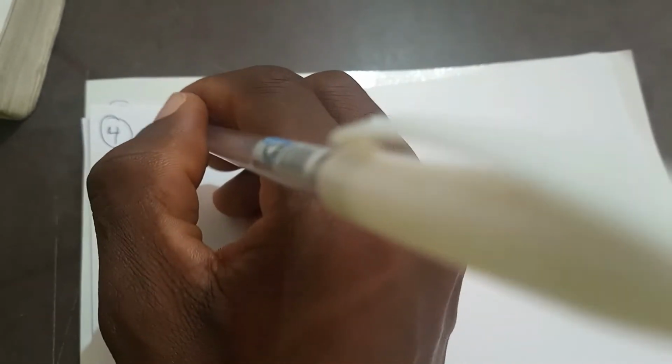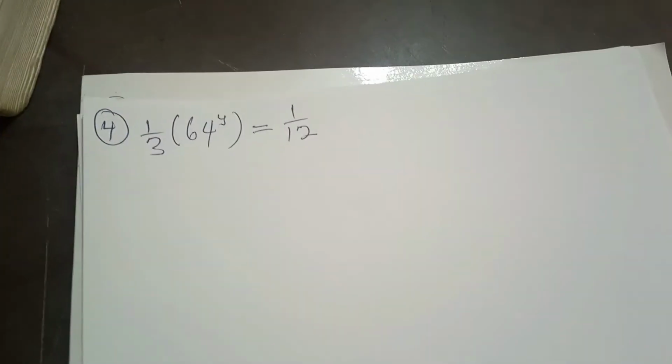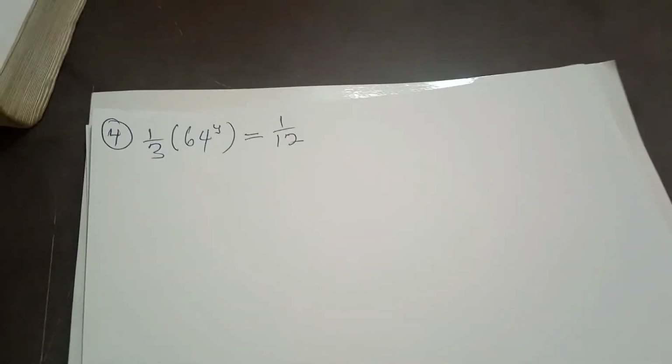Example 4. 1/3 into bracket 64 exponent y, then equals 1/12. We have to solve this.